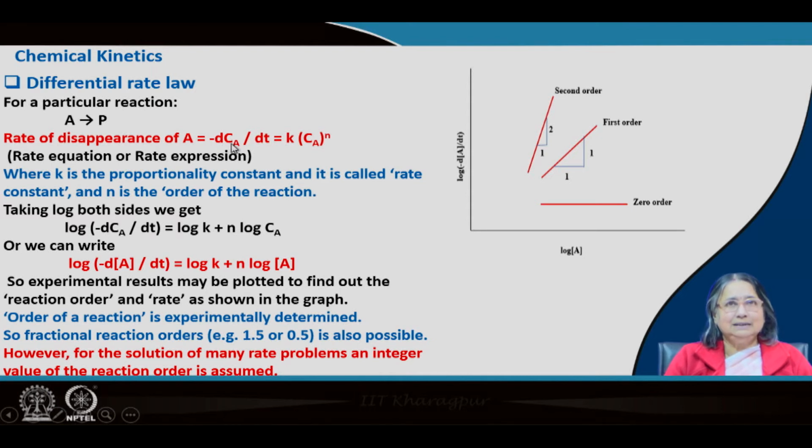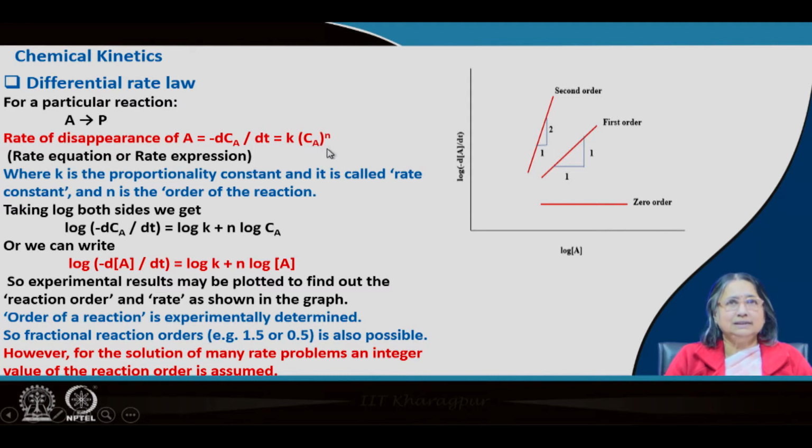So, minus dCA dt, this is the rate, and so rate is related to the concentration in some way. How is it? Rate is nothing but K, the proportionality constant, into Ca.